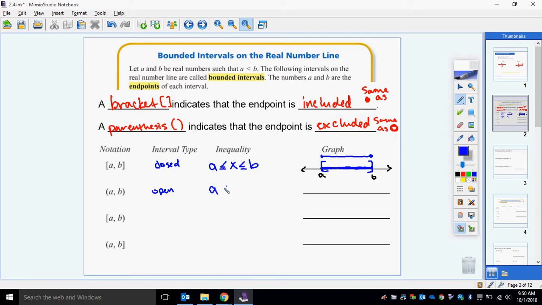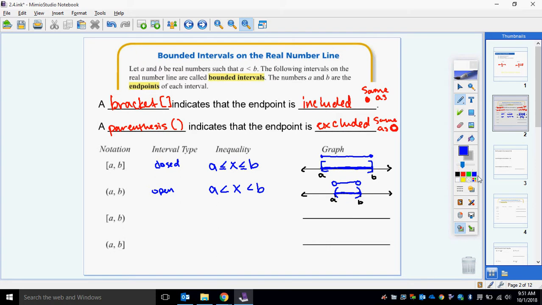So our solutions are numbers bigger than A, but numbers less than B, but it can't be A or B. So on your number line, at A and B, you can either use parentheses to show that A isn't a solution or B isn't a solution, but the numbers in between are, so we're going to highlight those numbers in between, or you can use an open circle at A and B, connecting them to show that the solutions are in between A and B, but not including A and B.